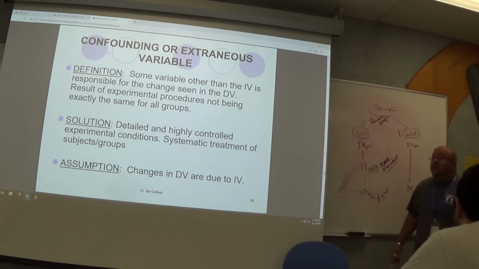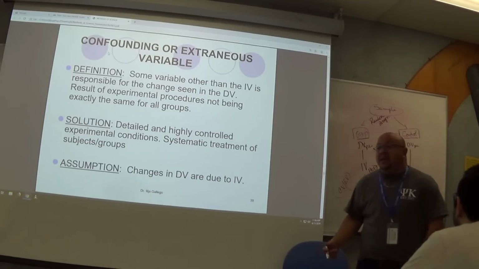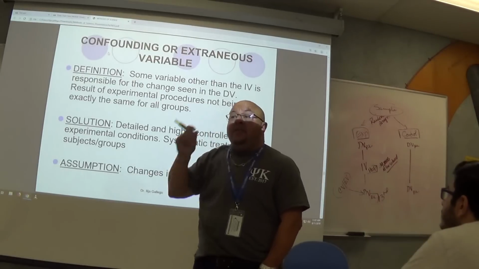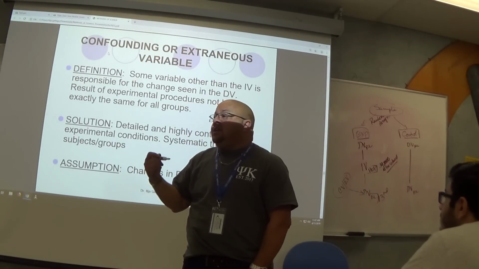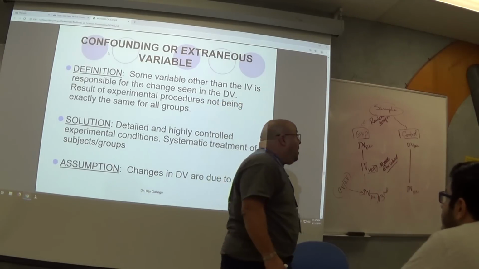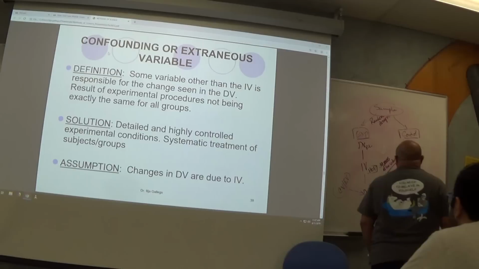So the way to control these is to think about your study and really try to conduct it in such a way that you minimize these confounding or extraneous variables. So for example, I could add another control group.